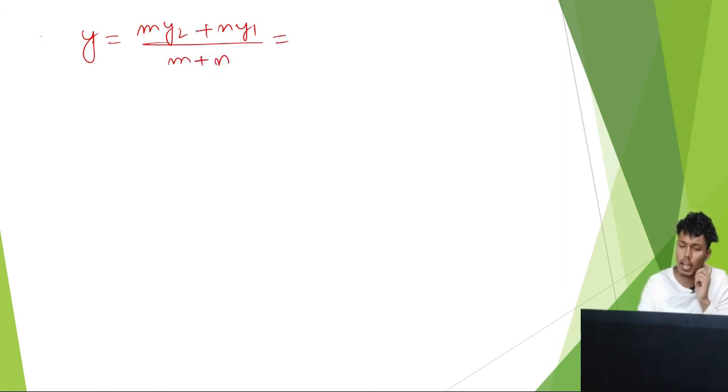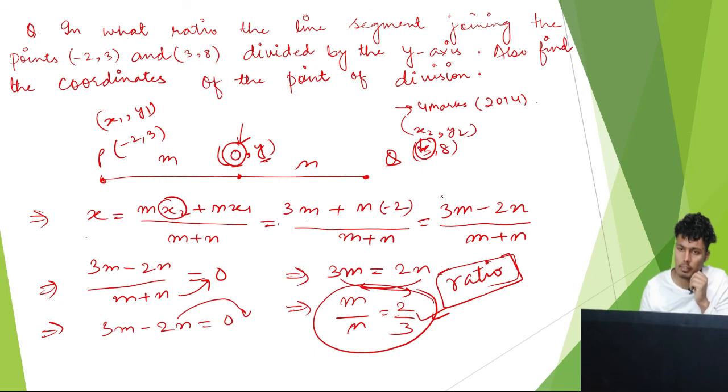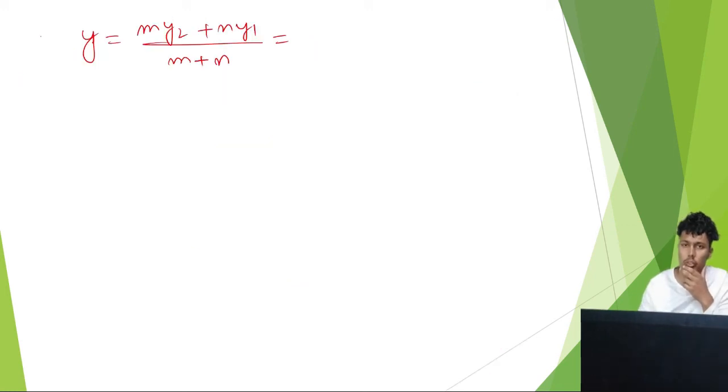Now, what is m? m and n are in the ratio 2 by 3. So take m is equal to 2, n is equal to 3.